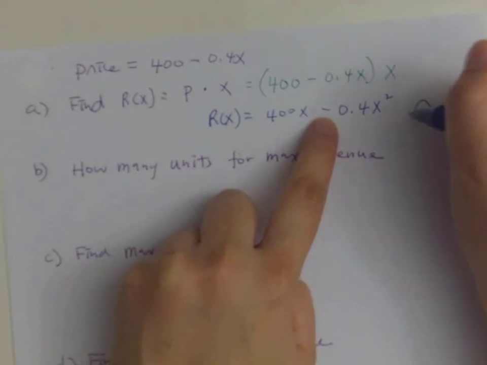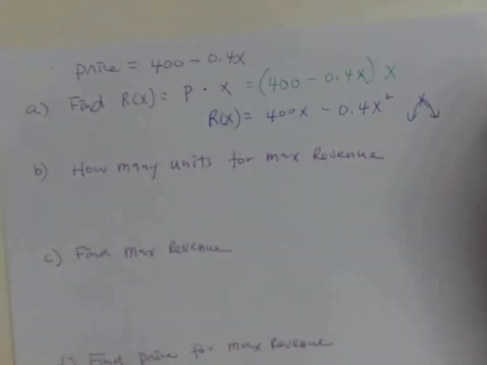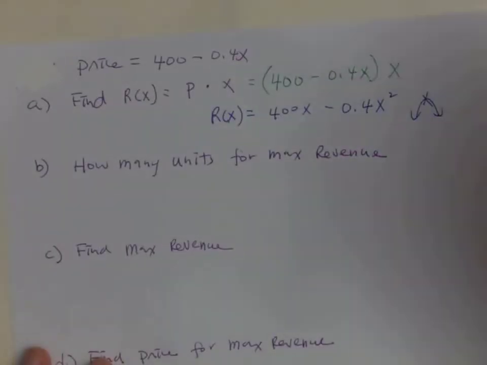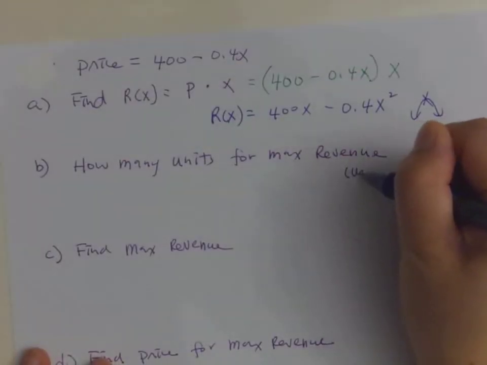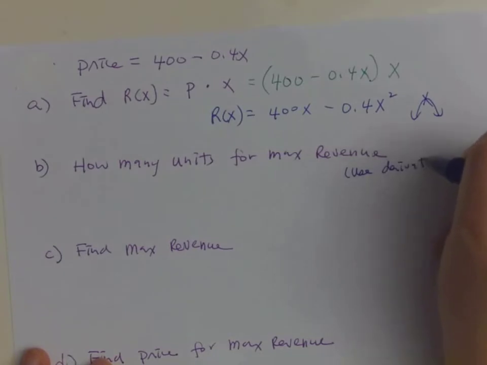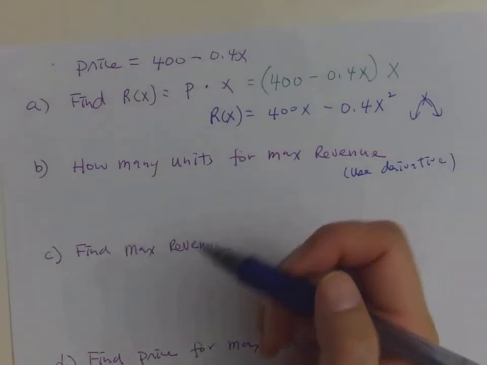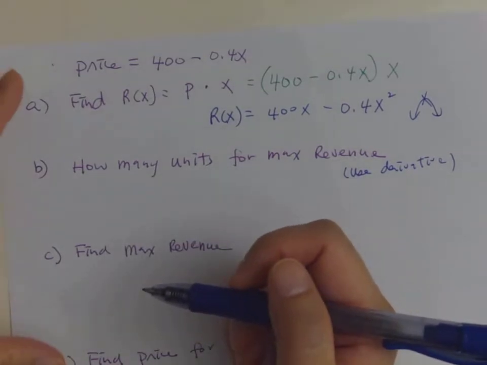So I know this graph is an open down parabola. For this particular exam, I don't want you to solve it with just the parabola. It will ask you to solve it using the derivative. They want to know the maximum revenue and how many units you need to sell to get the maximum revenue.